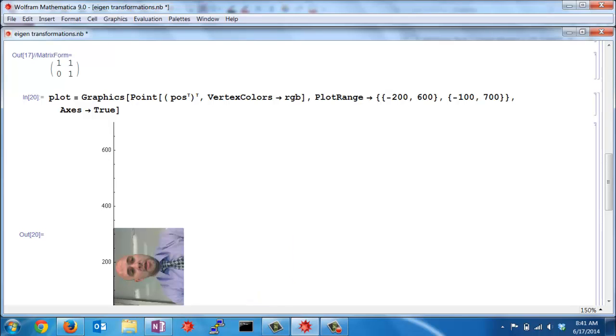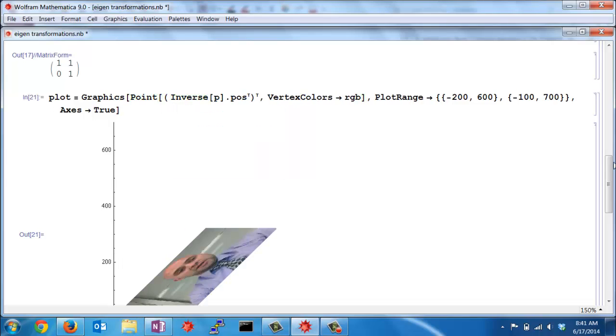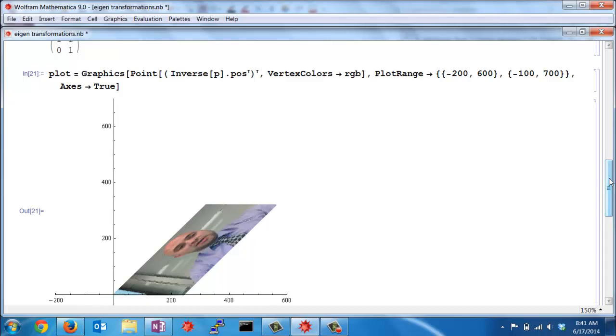Instead of a nice 1, 0, 0, 1, we're going to use 1, 0, 1, 1. So it's going to slant this image down. That's the first thing. We're going to change our basis to use the eigenbasis. And it does what we expect. We can see what that change of basis does.